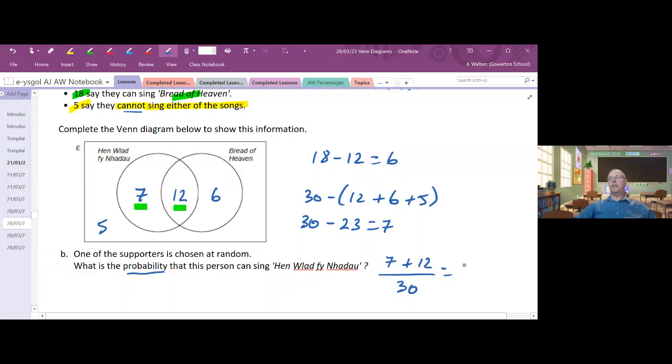So the probability is the total of everyone who can sing Hen Wlad Fy Nadau is 19 and over 30. So that is a probability with a numerator and a denominator. Okay. We'll move on to the next question. Pause and have a look at that in more detail if you so wish.